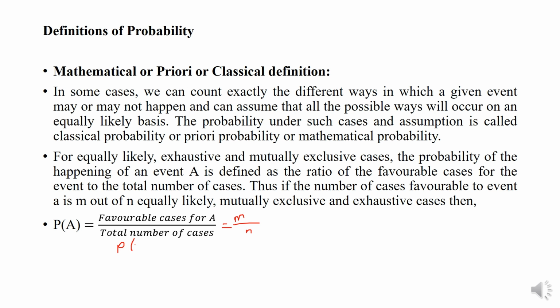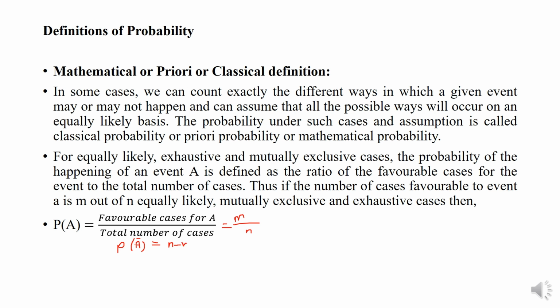We represent this by A bar. So probability of A bar equals total number of cases minus favorable cases, which is n minus m, whole divided by n.